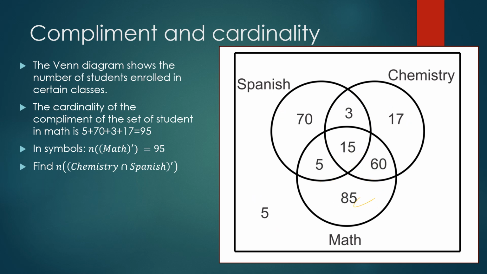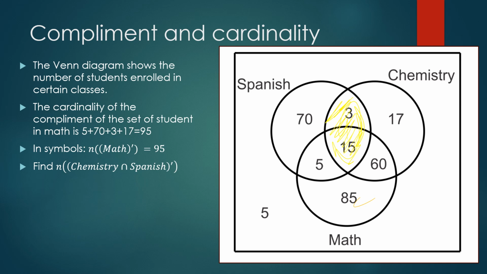In order to find the answer to this, we want to look at the sections we're interested in. Let's color what we don't want. First of all, we'll look at the chemistry and Spanish intersection. That's going to be these 2 sets right here. Now I want the complement of this set, which means I want everything outside of this intersection.